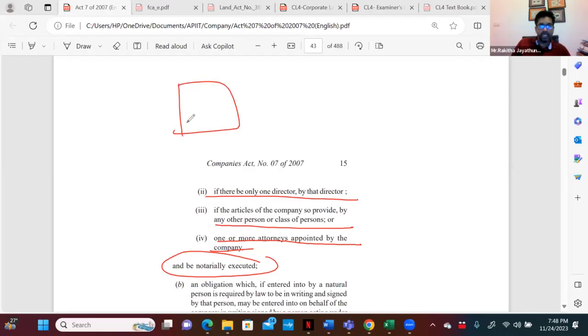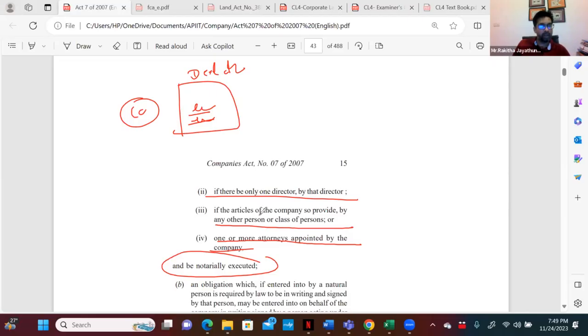So you're selling your land. The company is selling their land. Then you have to do a deed of transfer. In that, if you have 2 directors, those 2 directors can sign. If you have only 1 director, that 1 director can sign. If the directors are not available, you can assign some other person as specified in the articles of association.